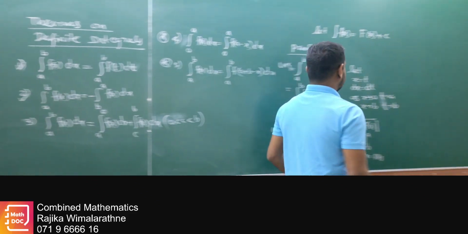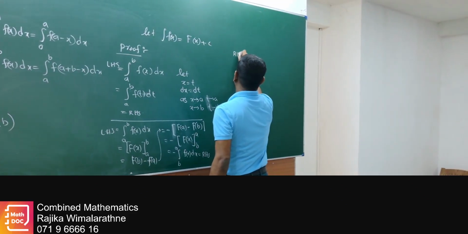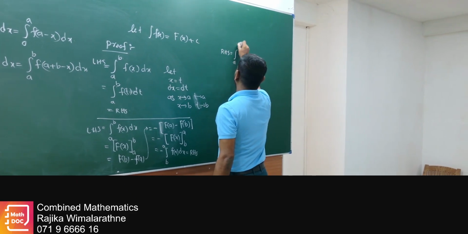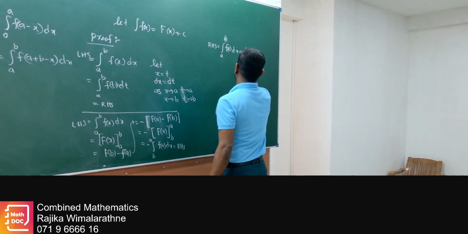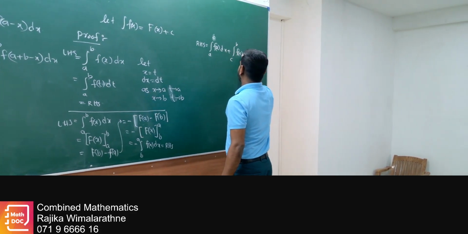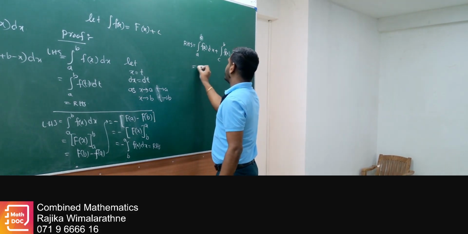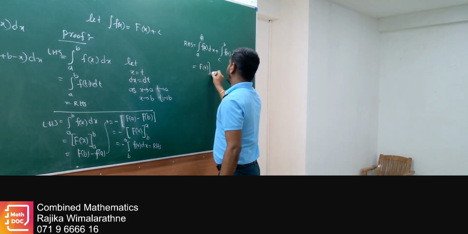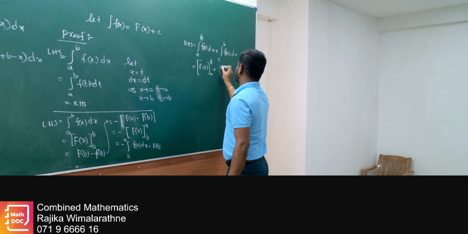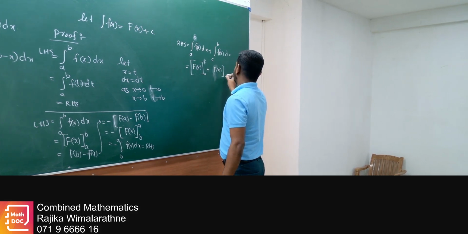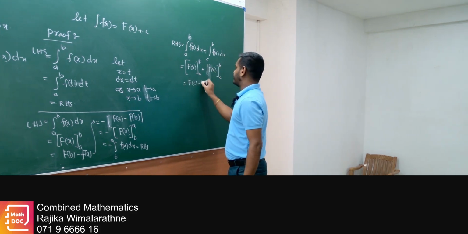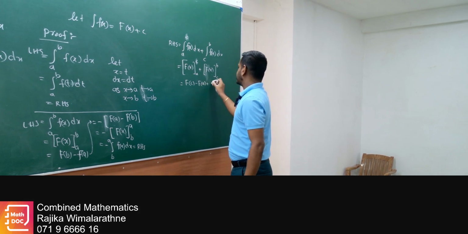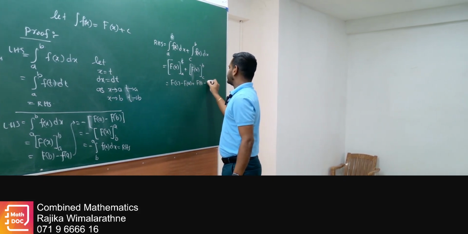Then third one, take right hand side, a to c f(x) dx plus c to b f(x) dx. Then here capital F(x) from a to c plus capital F(x) from c to b. Then F(c) minus F(a) plus F(b) minus F(c).